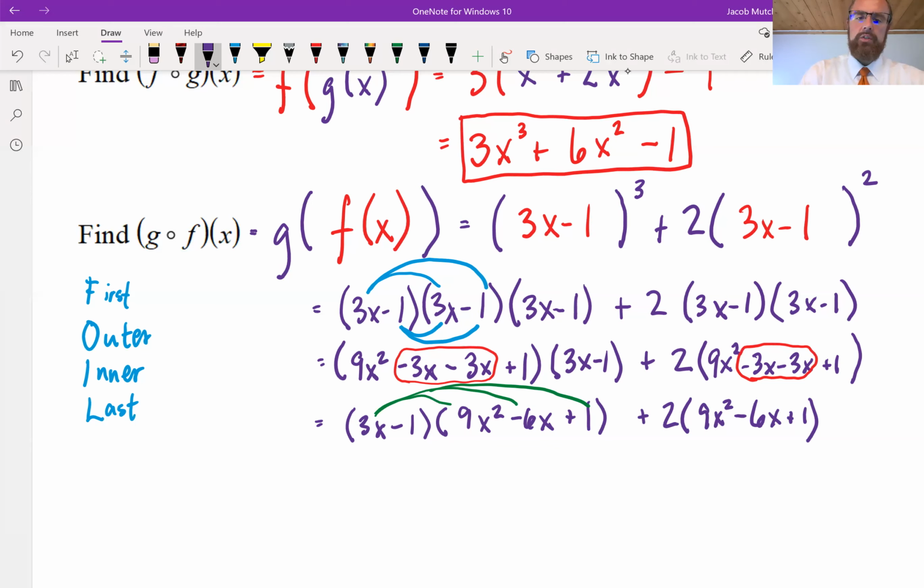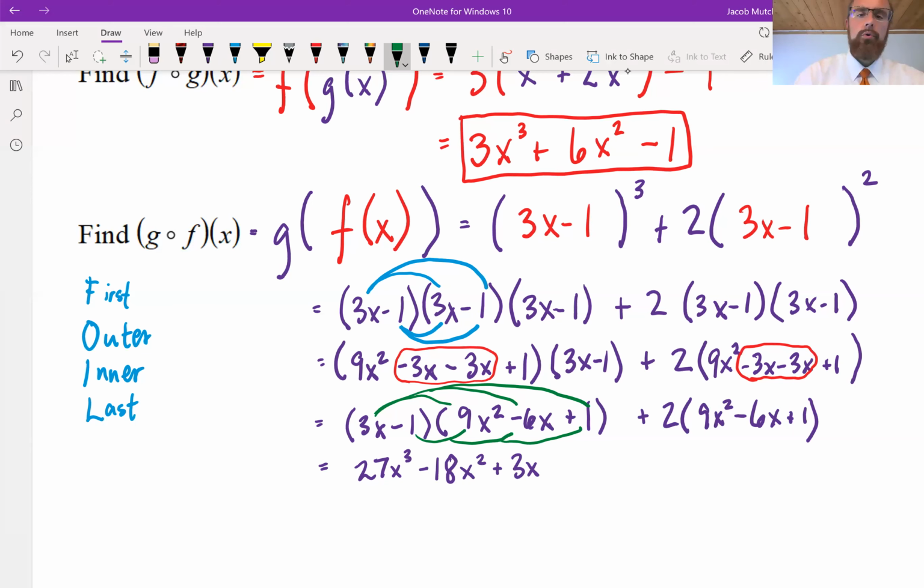So that's got our multiplying bars shown, the little arches. 3x times 9x squared is 27x cubed. Second one is 3x times negative 6x, that's minus 18x squared. And then 3x times 1 is positive 3x. We're now going to distribute negative 1 to each term in the trinomial.